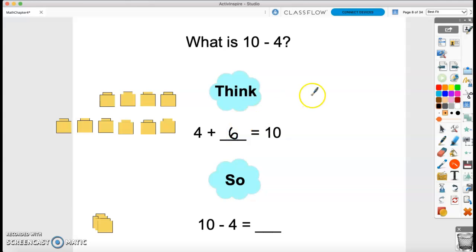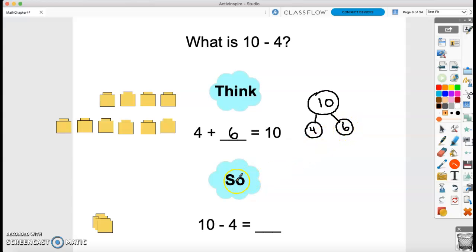Now I can think of a number bond when I think about that. So if I had 10 altogether, that's my whole, and I have 4 as one of my parts right here, I know that 4 and 6 is 10. So if I had a 10 frame, I could have 4 dots and 6 blanks.